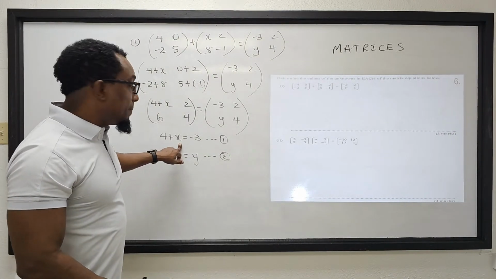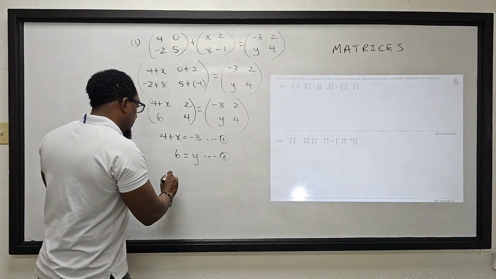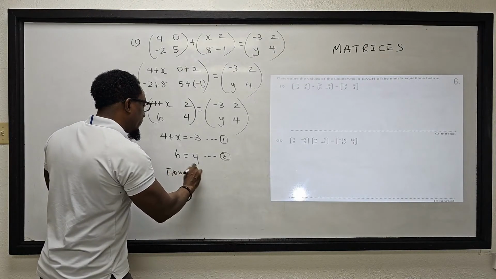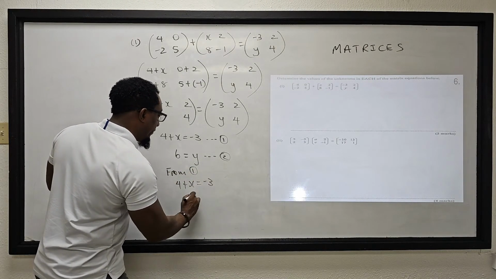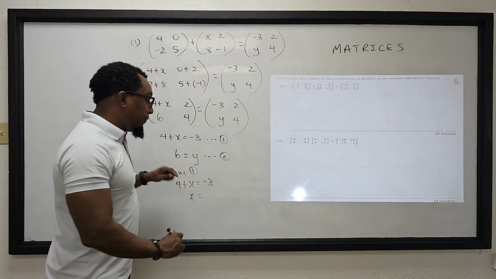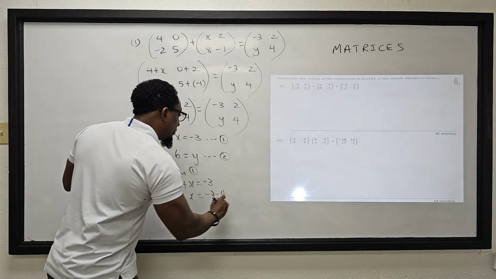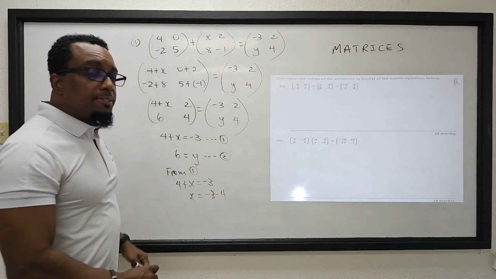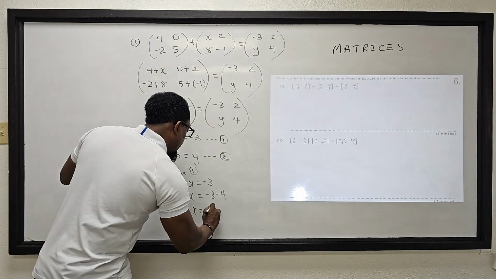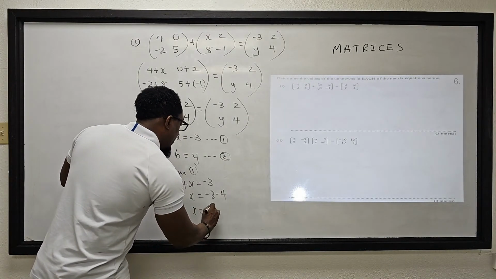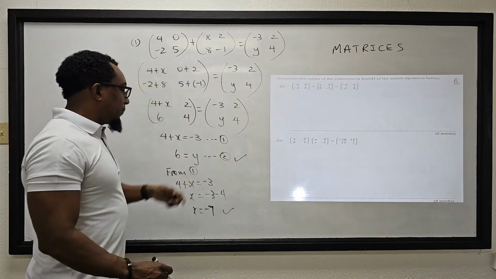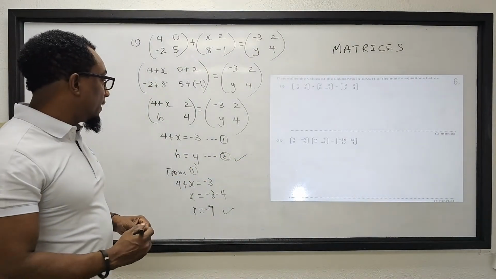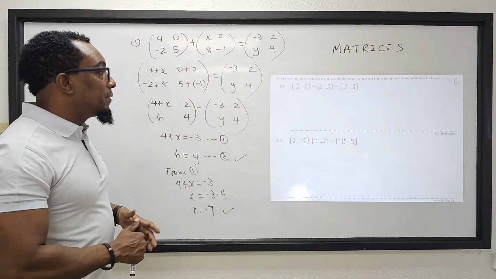And then x, simple, solving that equation. So from 1, 4 plus x is equal to negative 3. And we're subtracting 4 from both sides. Negative 3 subtract 4. And therefore x is negative 7. So I found x, and I know y is equal to 6.